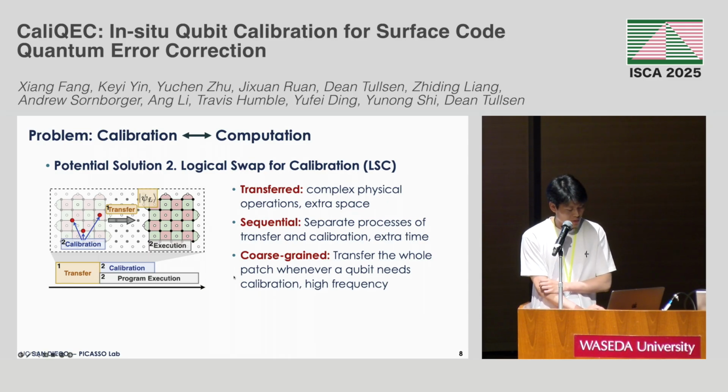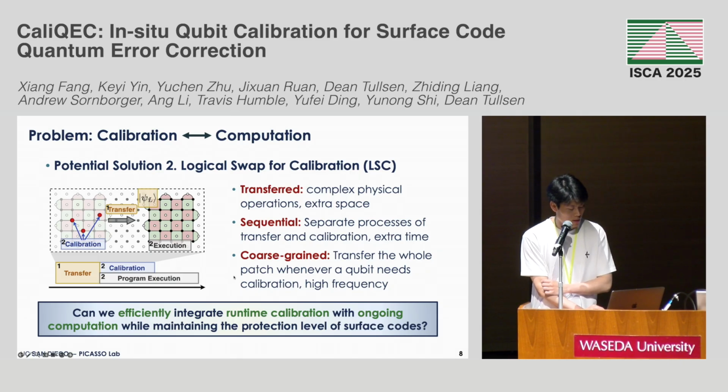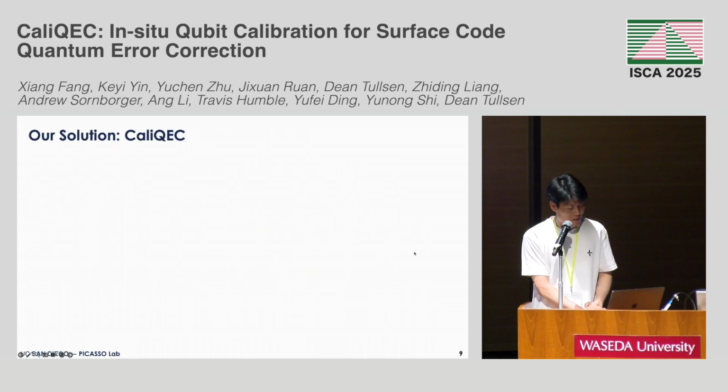So we want to address these limitations and ask this question: can we efficiently integrate runtime calibration with ongoing computation while maintaining the protection level of the surface code? Of course, the answer is yes, and I will present our solution.